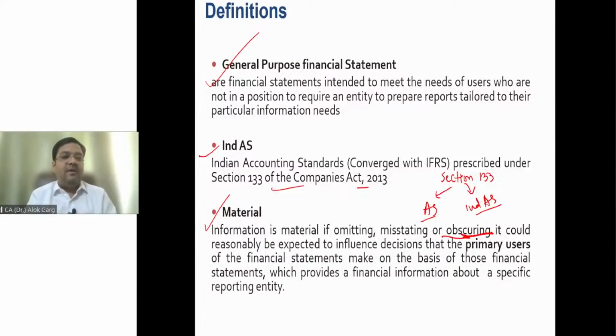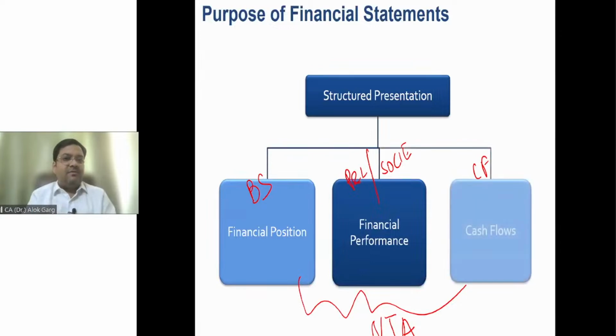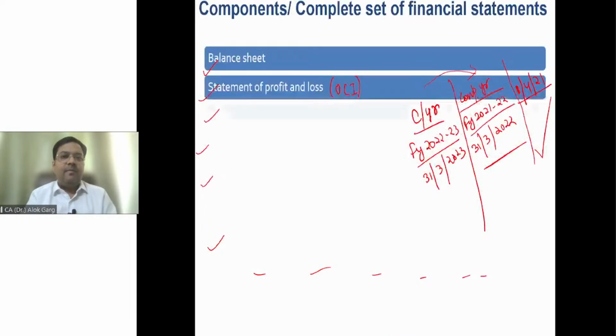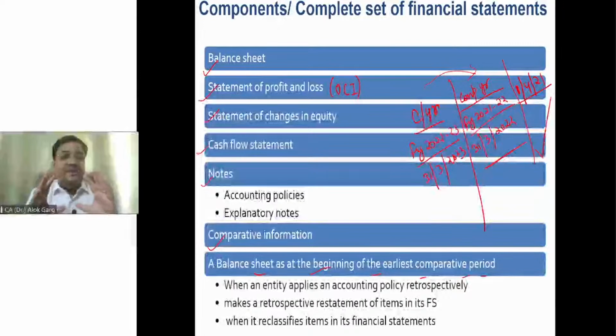We discussed the balance sheet, profit and loss, statement of changes in equity, and cash flow. The most important part we covered is the definition of the complete set of financial statements in Ind AS 1.